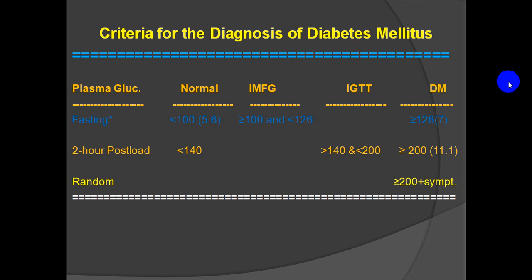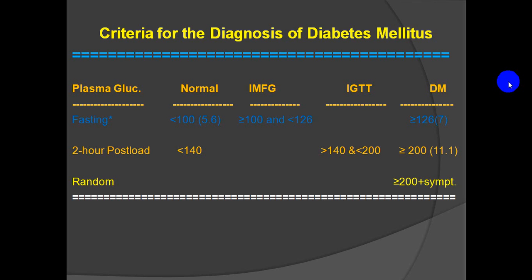Sometimes patients with impaired glucose tolerance are labeled as having pre-diabetes. Those with a blood glucose level of more than 200 milligrams per deciliter, or 11.1 millimoles per liter, 2 hours after the oral glucose intake are said to have diabetes mellitus.